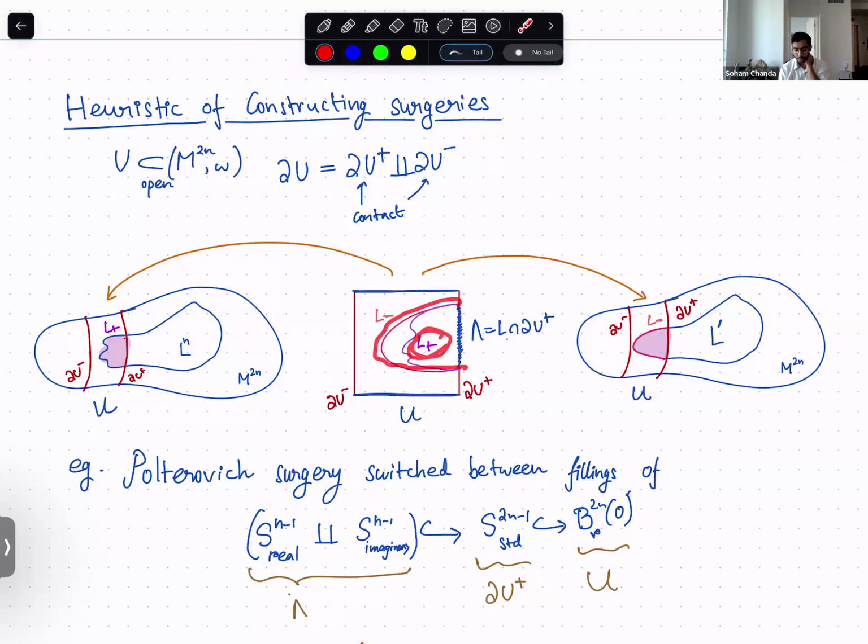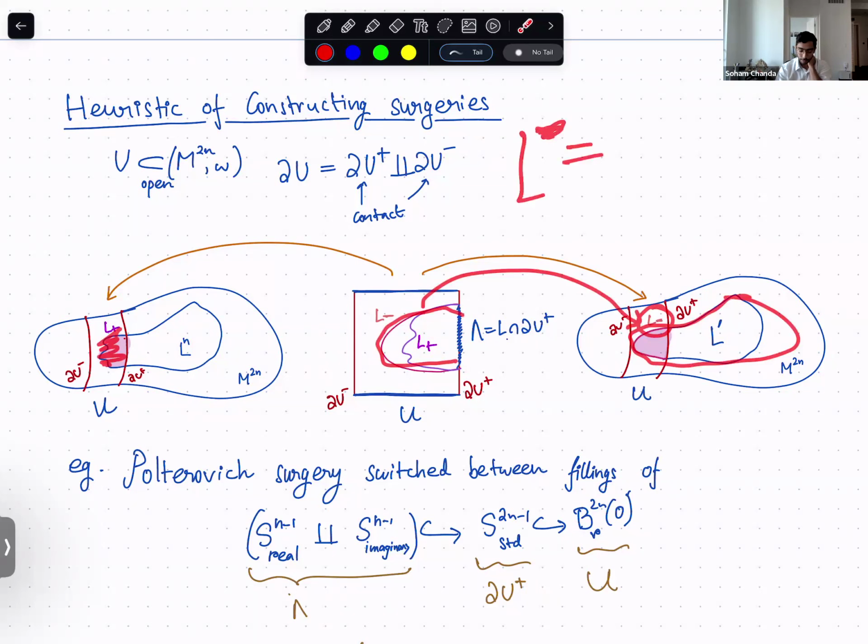Let's say there is another filling L minus, which is filling the same Lagrangian. Then you can remove this filling and attach this new filling to get a new Lagrangian L prime, which is given by L prime equals L minus L plus plus L minus. You can write out the gluing formula: take that piece out, put it back in, but since you're gluing back only along the Lagrangian lambda and that is not changing, you will get another Lagrangian.